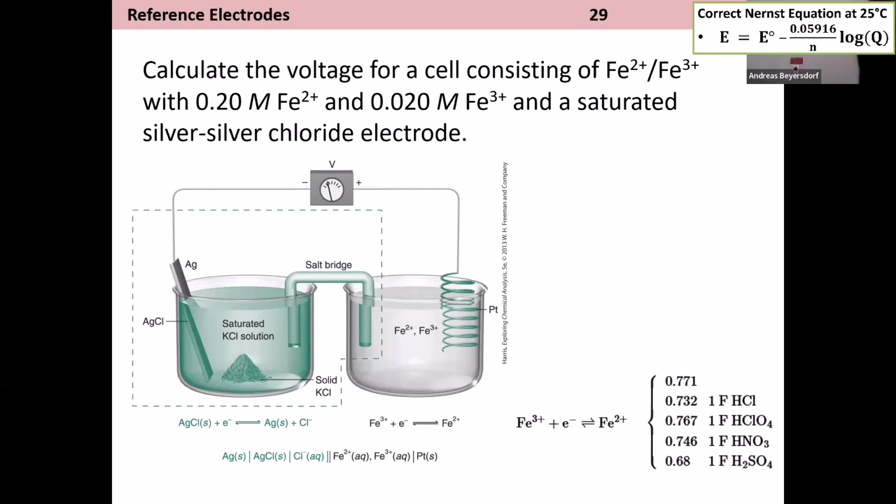So this is our silver chloride electrode. Usually it's not like this, usually it's just a probe. And on the other side, we have Fe3+ going to Fe2+. So let's use this information to figure out the voltage associated with this.